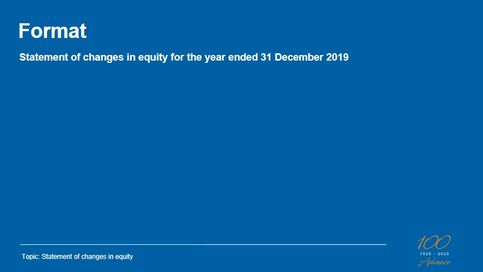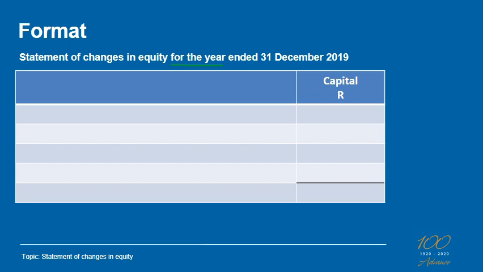So the format of the statement of changes in equity, and it's again the heading for the year ended. So it's a continuous portrayal of changes in equity items. Because it's a sole proprietor, I would have one account for the owner, and that would be the capital account.